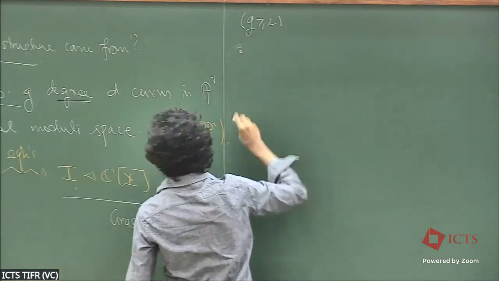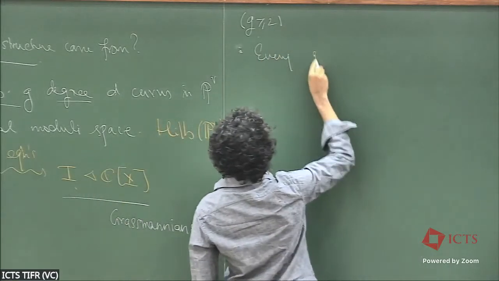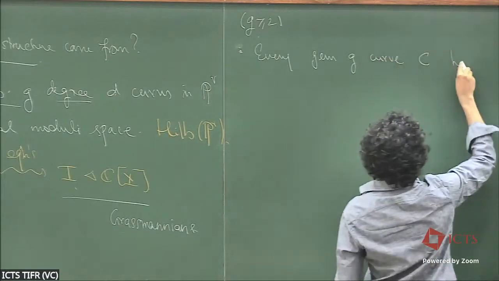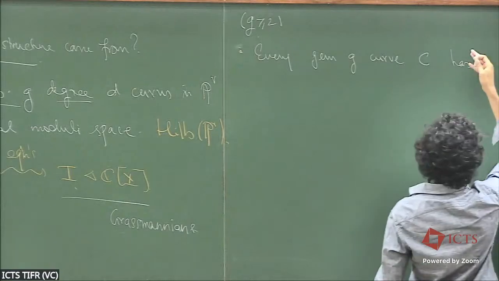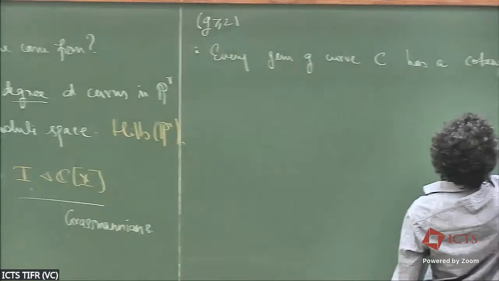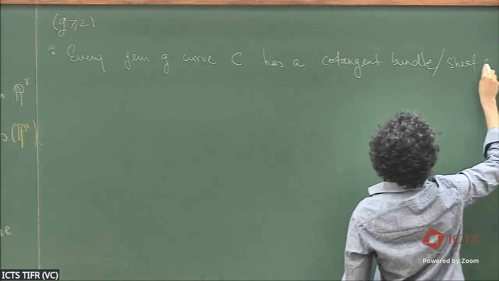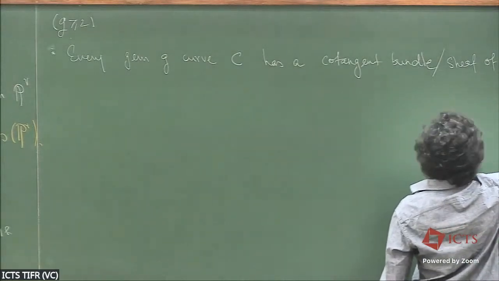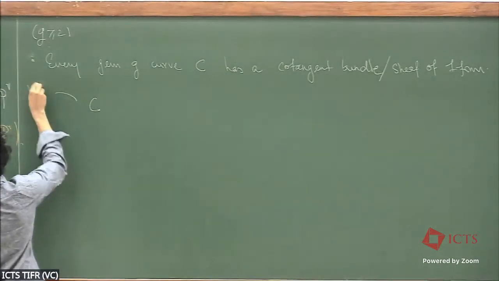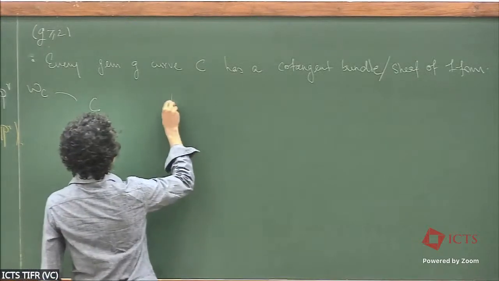So the second fact that you need to know once you've built this object is that every genus g curve, let's say C, is smooth, so it has a cotangent bundle, or maybe an algebraic geometer would say a sheaf of one-forms. And so the sheaf of one-forms is some kind of bundle, maybe I'll call it omega C, on C. And so it has a space of sections, okay?